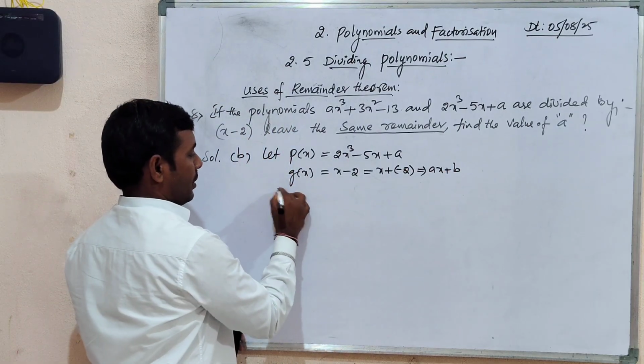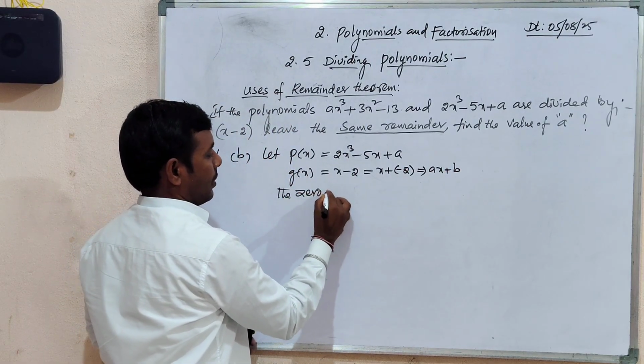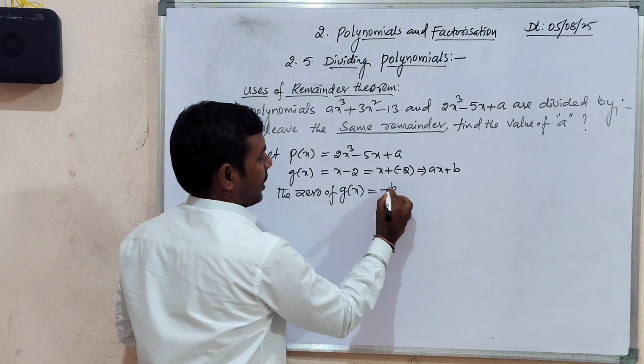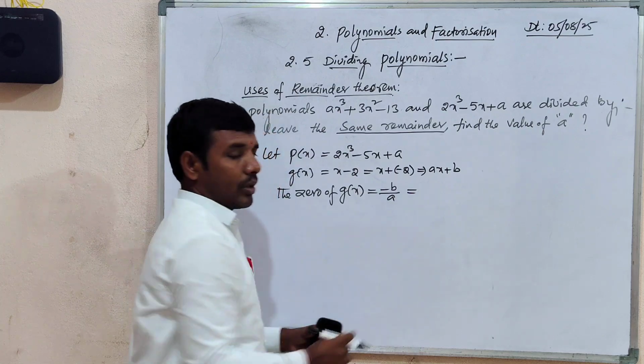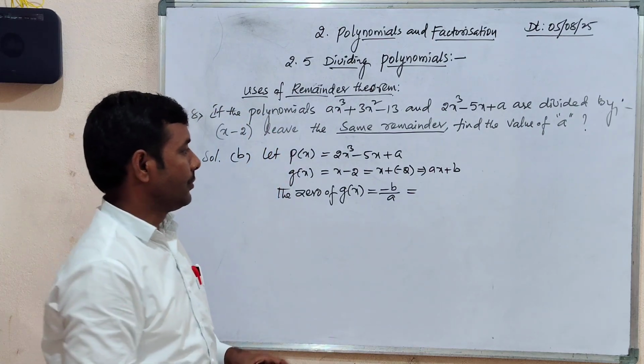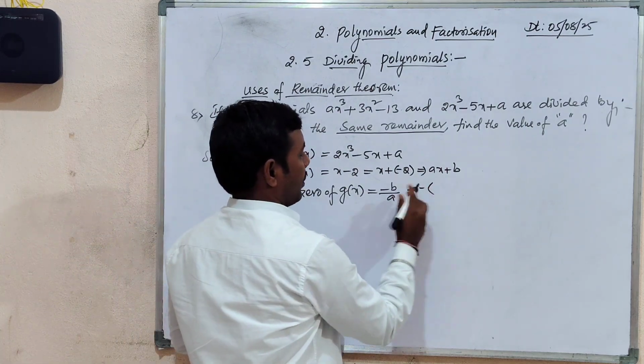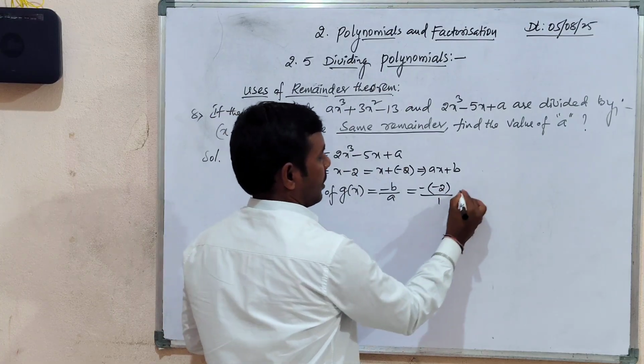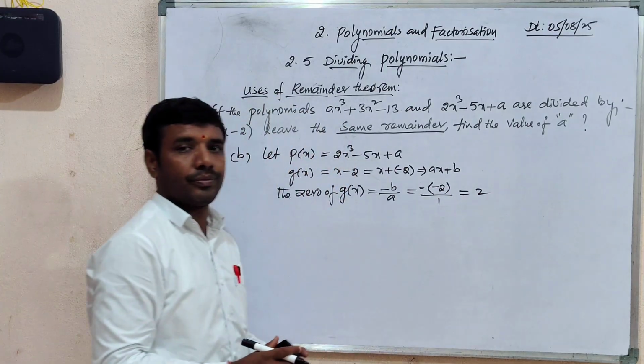Now the zero of g of x, minus b by a is the formula. Okay, students. Minus, let it be b position minus 2 by a position 1. That means 2 only, no?